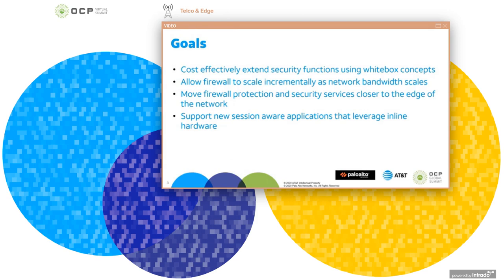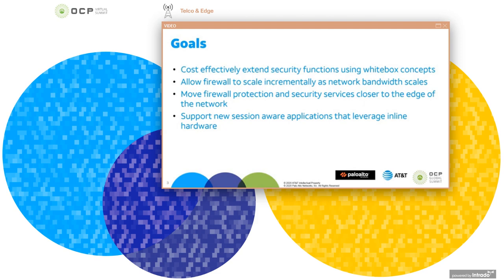So first and most importantly, the idea is to cost effectively scale using white box concepts, leveraging existing OCP designs. Importantly, depending on the deployment model, this allows you to scale firewall capacity incrementally as network bandwidth scales.